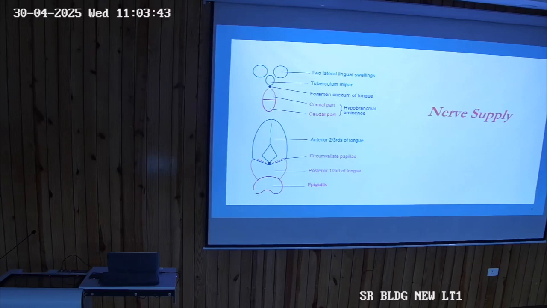Taste sensation is also by the glossopharyngeal, but circumvallate papillae will be supplied by chorda tympani. There is this exception because during development only some cells from the anterior part migrate into the posterior part, so their nerve supply remains the same, chorda tympani. So taste sensation of the posterior one-third is by glossopharyngeal except from circumvallate papillae, which is via chorda tympani.